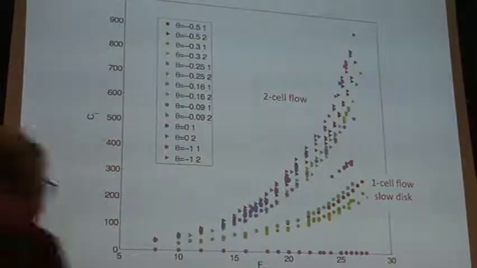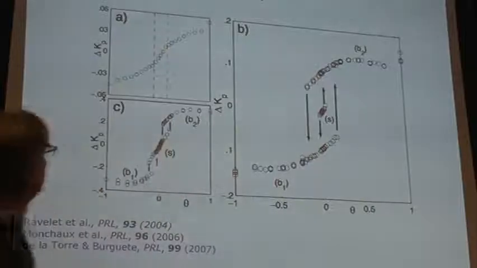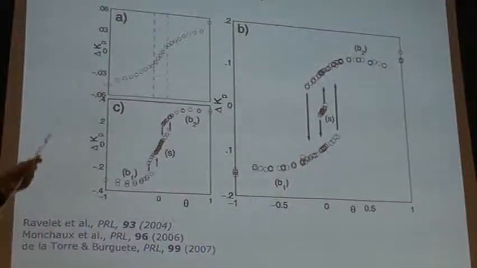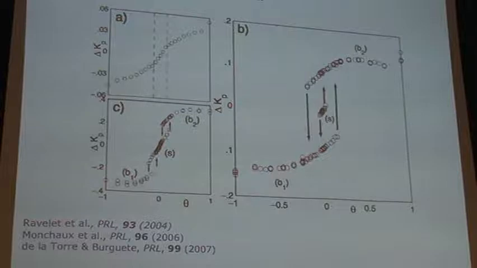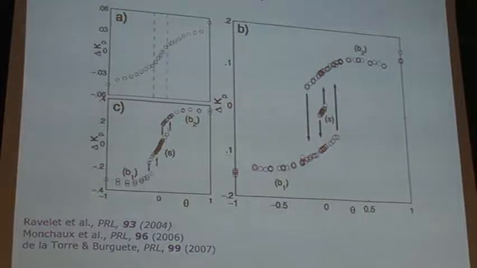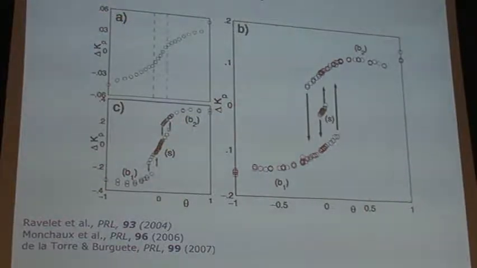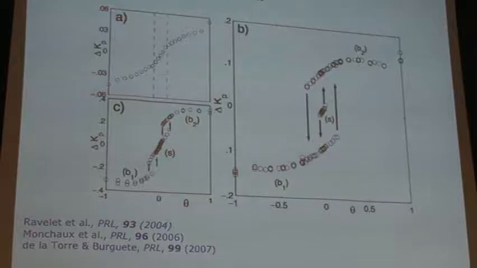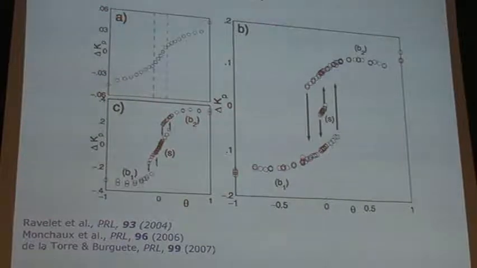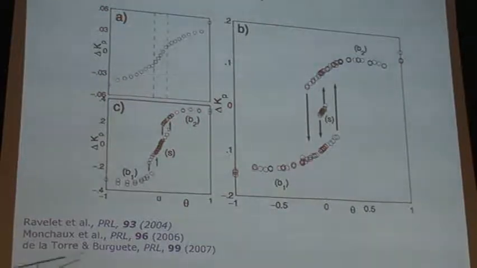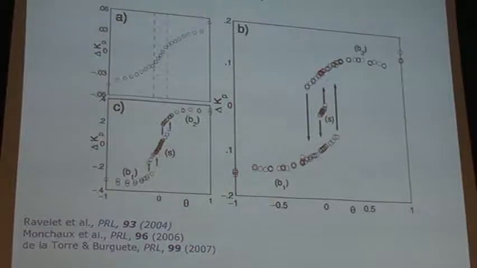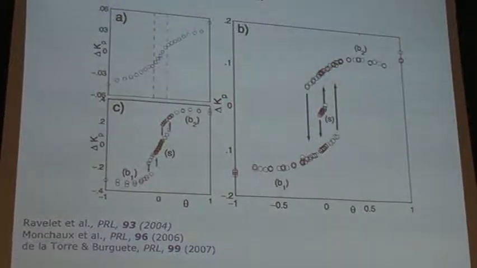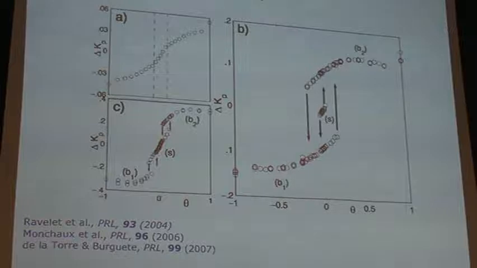So what I showed you here is measurements that have been done in a very well controlled water experiment. First done by the group in Saclay, and then by the group of Javier Borghete at the University of Navarra, and this has confirmed the previous result.